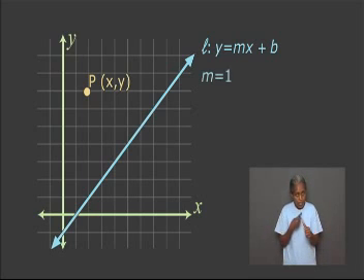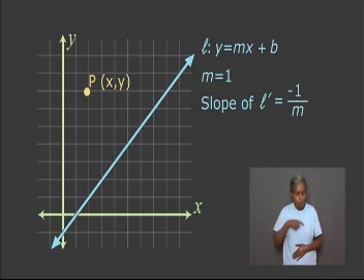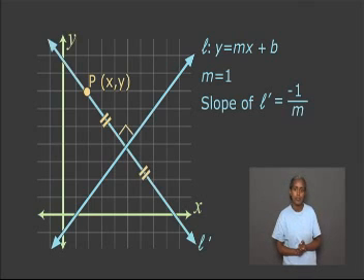First, we must find the slope of the axis m. Then, we must find the equation of the line L prime. It passes through point P, and its slope is the negative inverse of m.